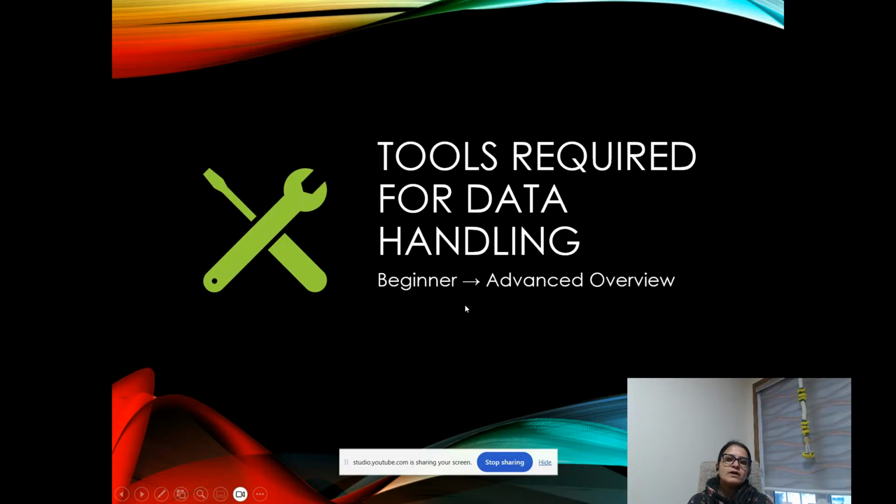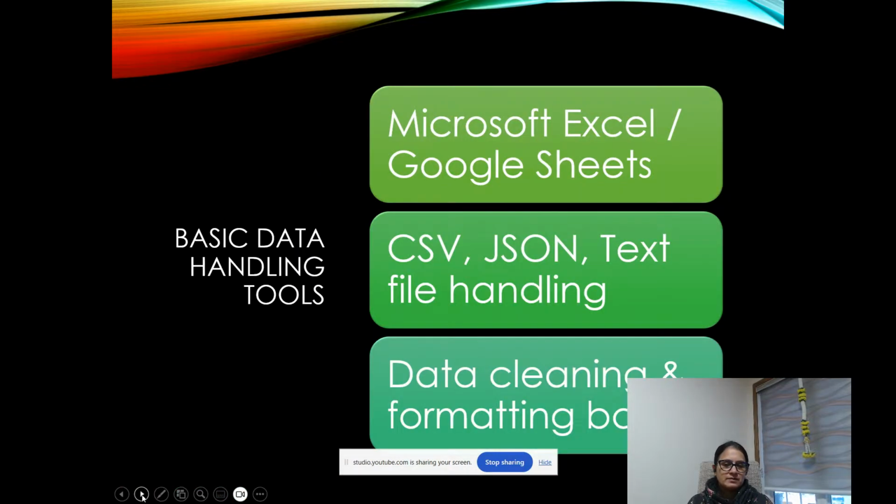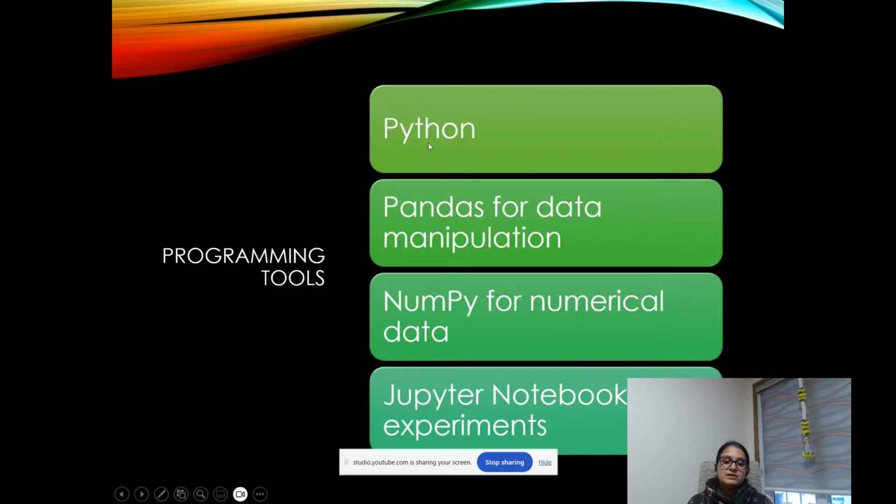And then tools required for data handling. You can use Microsoft Excel or Google Sheets. I don't use them, this is not my core expertise. I'm going to teach you using Python. So CSV, JSON, text file handling, data cleaning and formatting basics. These are the tools you are going to use. And Python definitely.